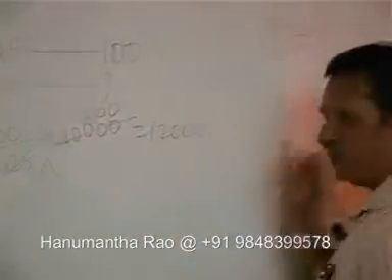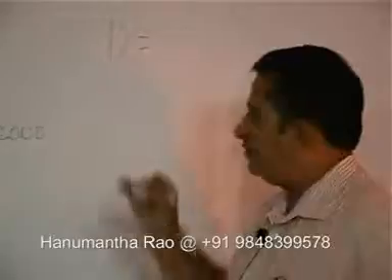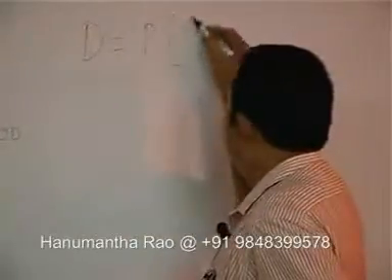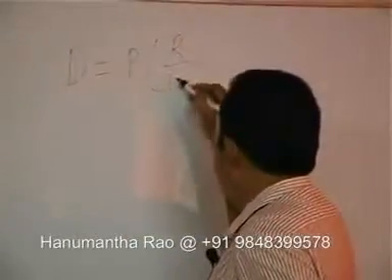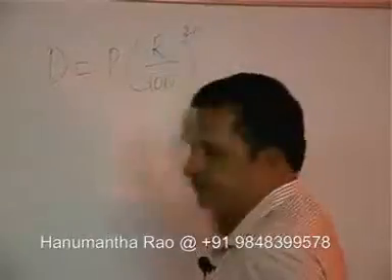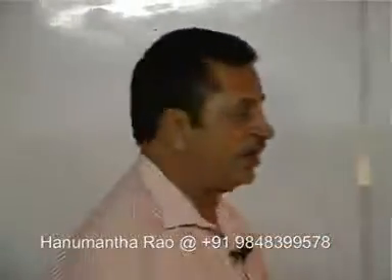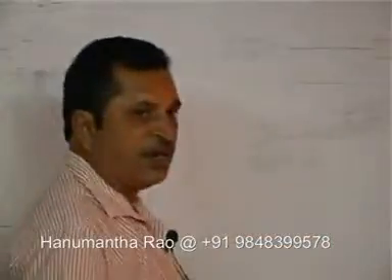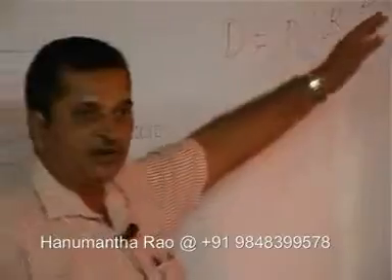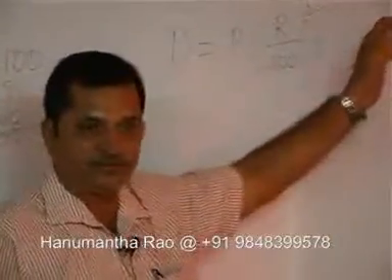Difference between simple interest and compound interest is equal to P into R by 100 whole square. For 2 years period only, this formula is applicable only for 2 years. And don't be over smart, if we ask for 3 years, don't make it as cube.